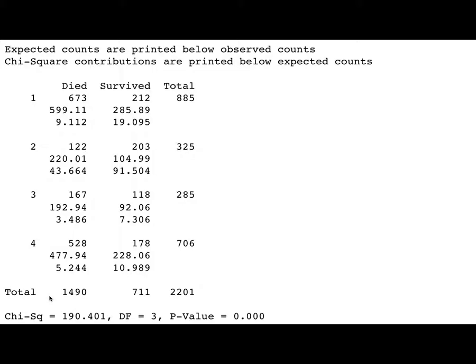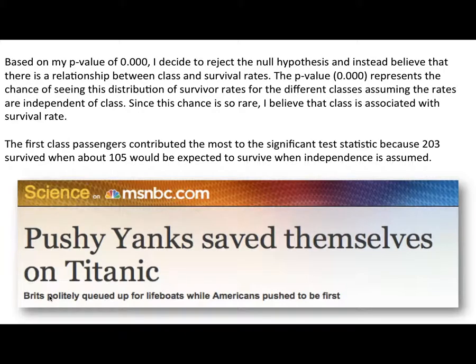So our conclusion was reject the null. Which group contributed most to that rejection? First class. First class who survived, or really first class in general. That last sentence is what I just asked you. So the first class passengers contributed most because 203 survived when about 105 would be expected. How do we feel about this?